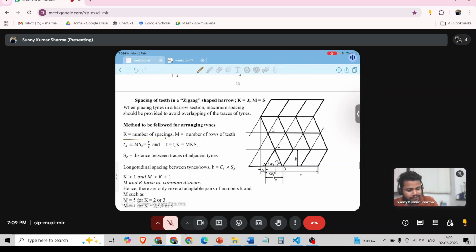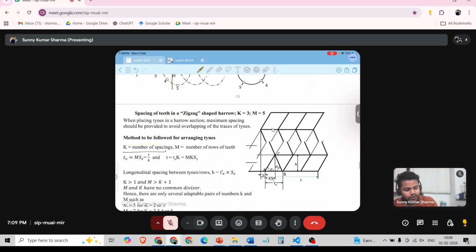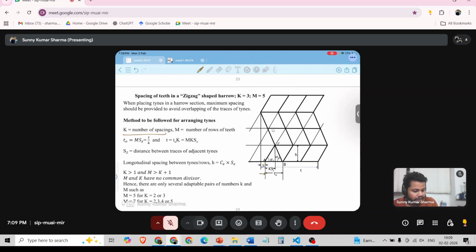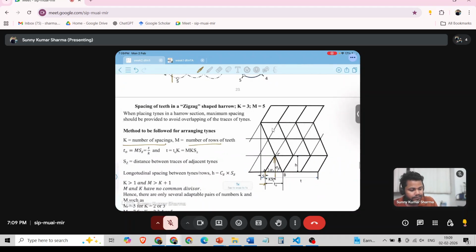k is the number of spacing here, and sz is the spacing between two arrows. Suppose k is the number of spacing and m is the number of rows of teeth. This row, one row, second row, third row, fourth row, fifth row.